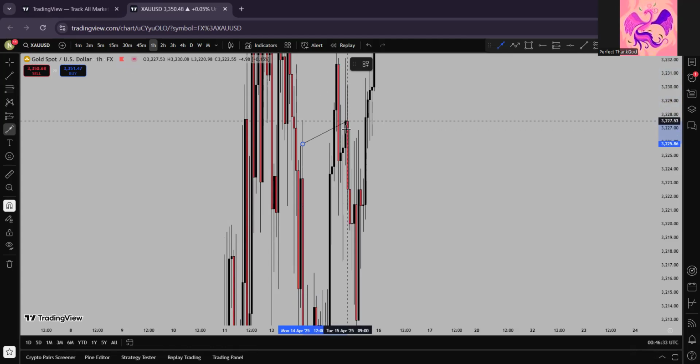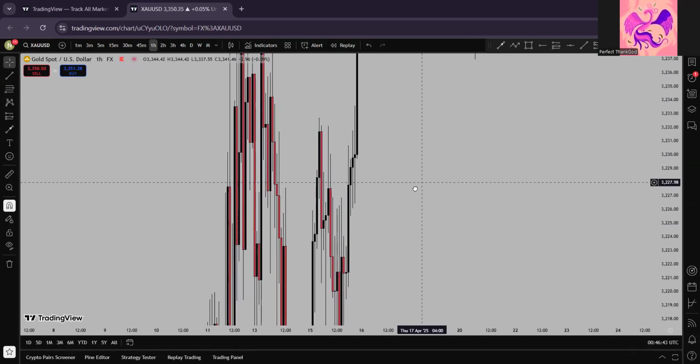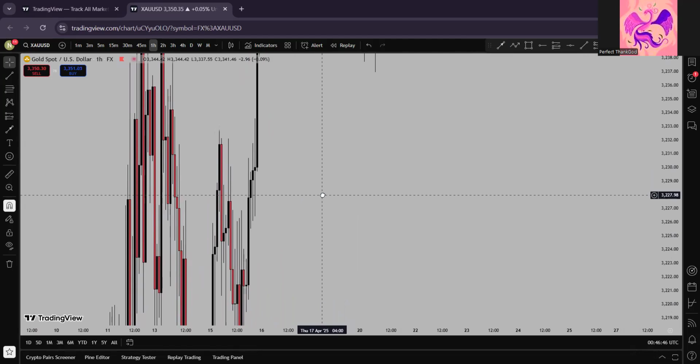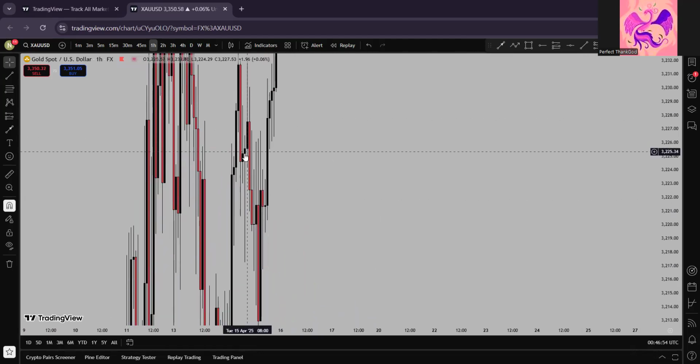So price came back up, and price held. So it happens. Obviously, it's a combination of several other things, but as you can see here, we also have the support. Look, selling pressure was lost.